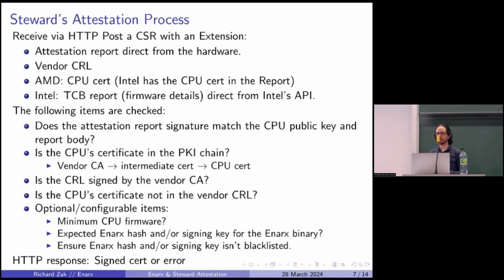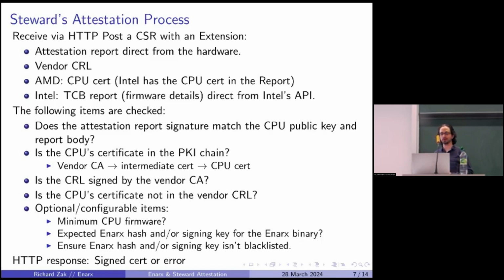So on an AMD system, the public certificate is added to the certificate extension. And for Intel, we also require the full TCB report, which Enarx can pull directly from Intel's APIs. So all this data is in this extension as an array of bytes.